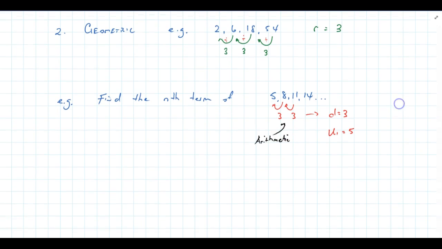So how do we find our nth term? Well, if our first term is equal to 5, our second term is equal to 8, what we're doing is adding 3 each time. But rather than get away from this specific example, our first term is U1.